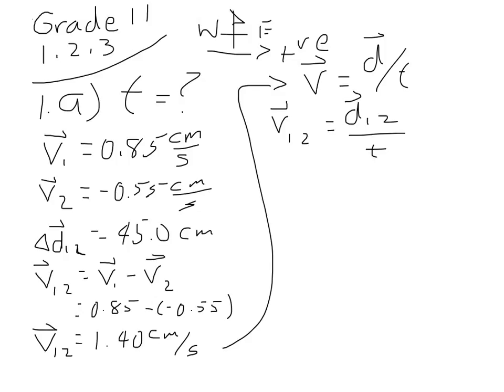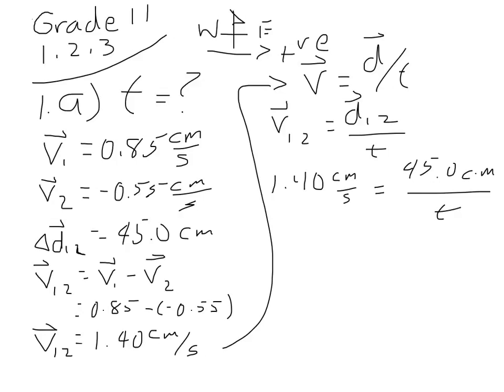We have these numbers: it's 1.4 centimeters per second, which we just calculated, equals the displacement, which is 45 centimeters, divided by t. Now it's just algebra to find t. So t is on the bottom of the fraction on the right side of the equal sign, and we want to get it off the bottom of the fraction.